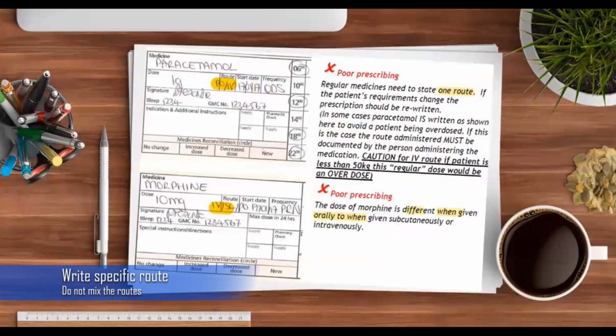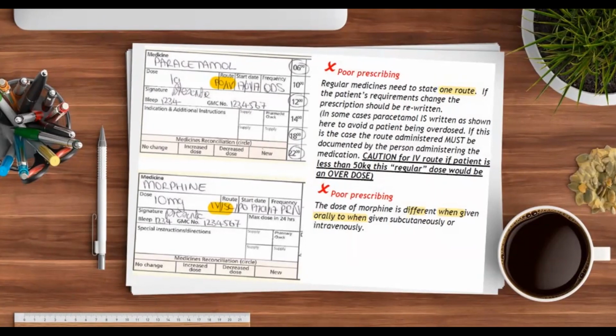One of the bad practices or common mistakes is that you write, for example, paracetamol and write it could be PO or IV or IM, by mouth or by IV. This is wrong because the dose will be different when you write a different route.